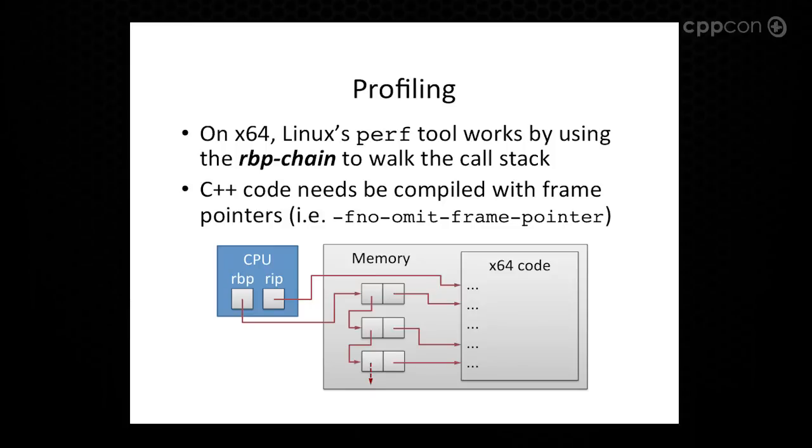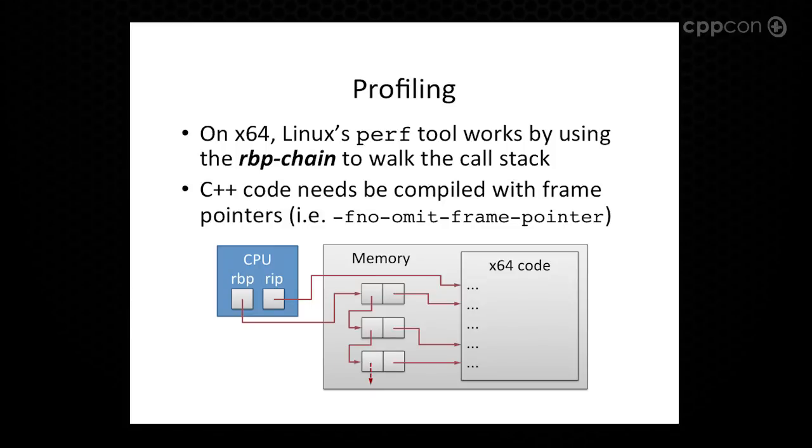You can drill in and see, okay, I'm in function compute foo. Well, why am I calling compute foo? And you can say, okay, 50% of the time I was called this way, and 25% of the time I got called from this other function. So yeah, Linux's perf tool is really great. You can use it to profile one process, or you can use it to profile all the processes on a machine all at the same time.